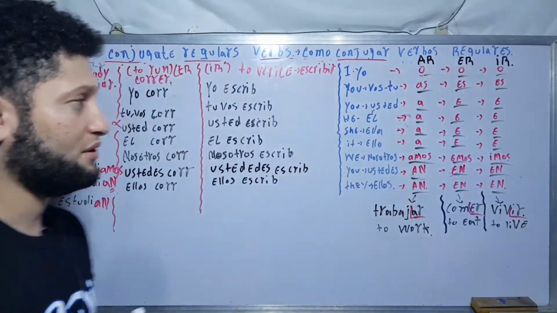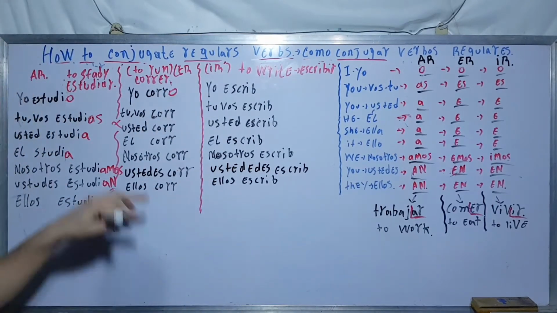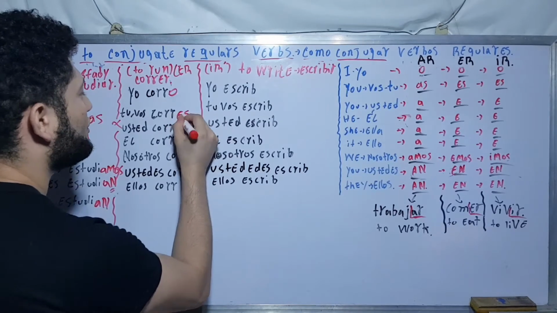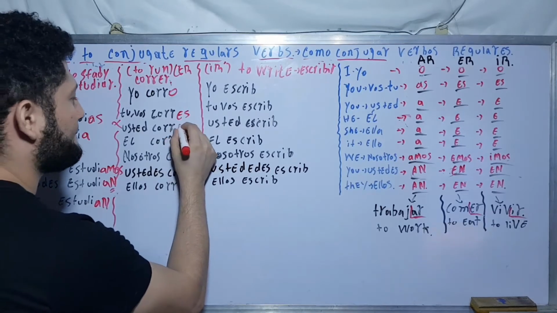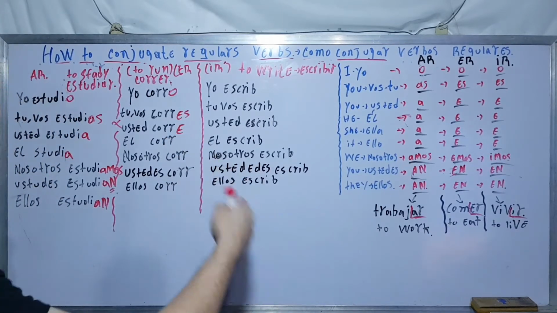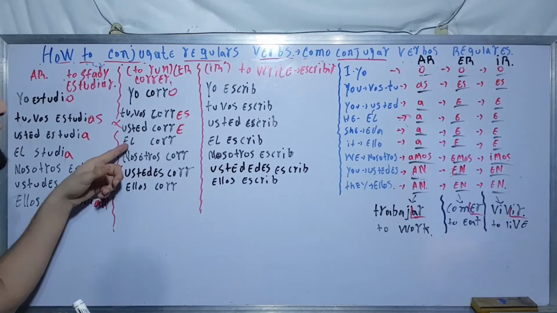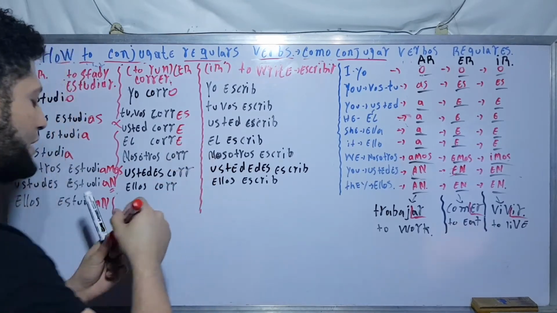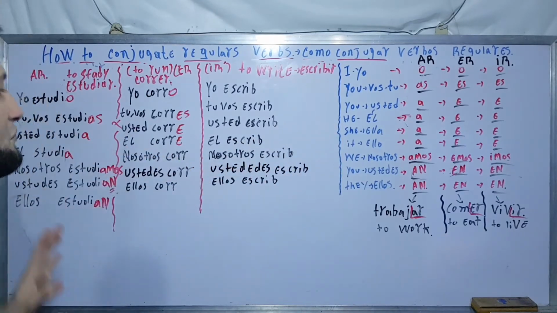Now it is yo corro. For the second one, tú corres, or vos corres, usted corre, él corre, he runs. As I said, it's the same thing for she and it, so only one.